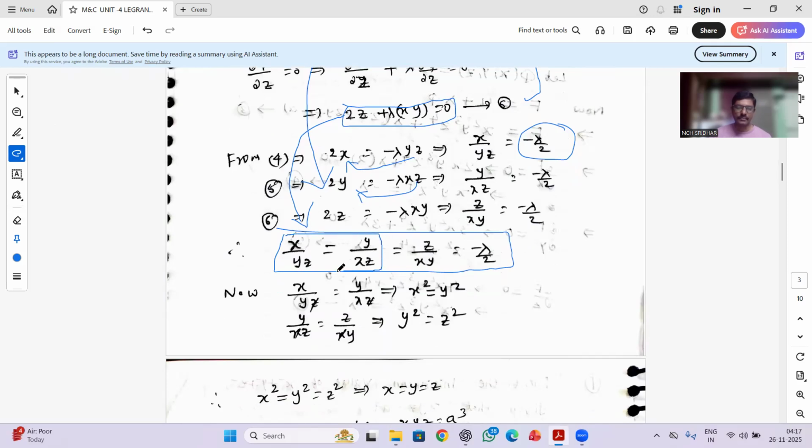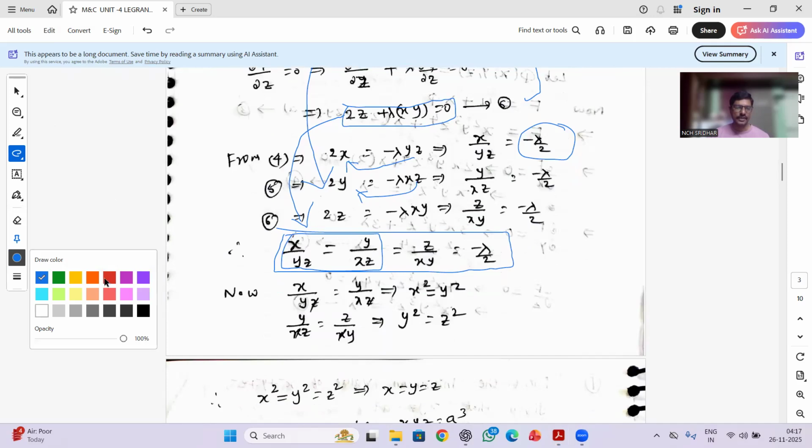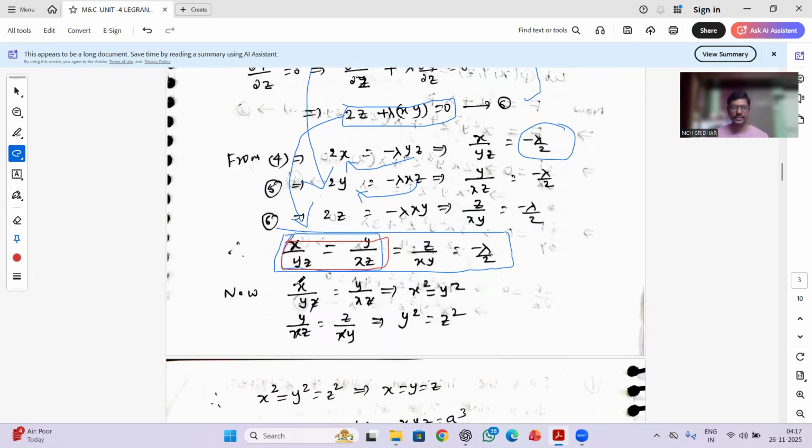Now from these equations I am taking the first pair: x by yz is equal to y by xz. Z gets cancelled.